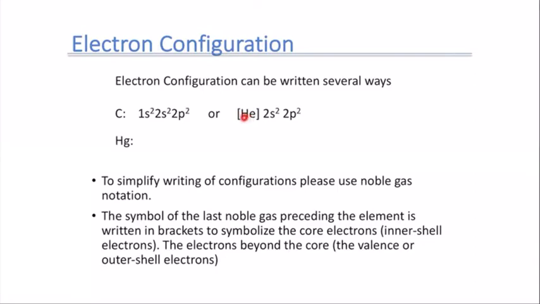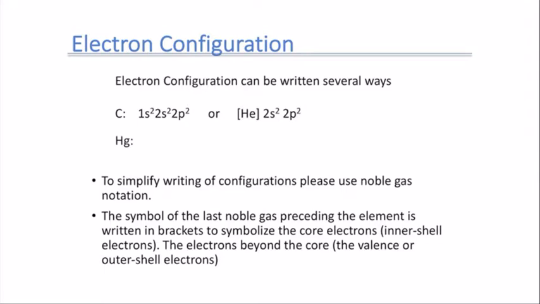Or if I wanted to write the shorthand, I can write helium, whatever the previous noble gas is. Always use the previous noble gas. That goes in brackets, and then you continue on. So helium is a 1s2. And then carbon is the next row after helium. So that's where you get the 2s2 and 2p2.